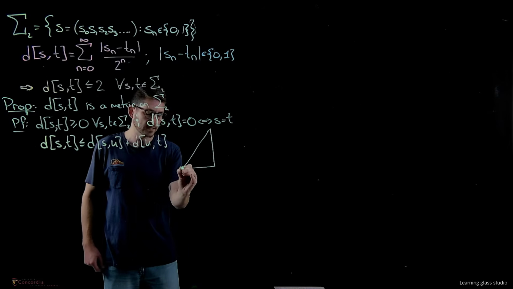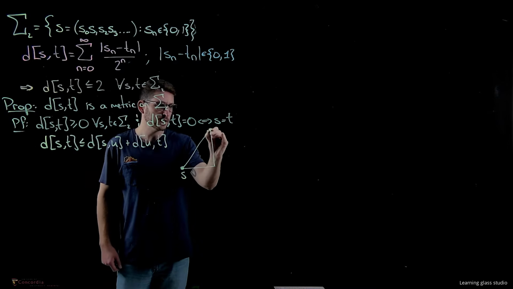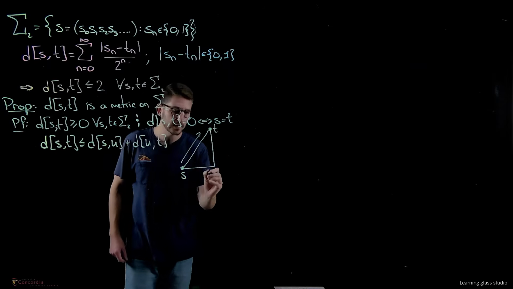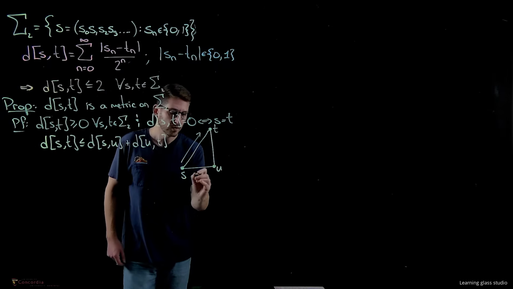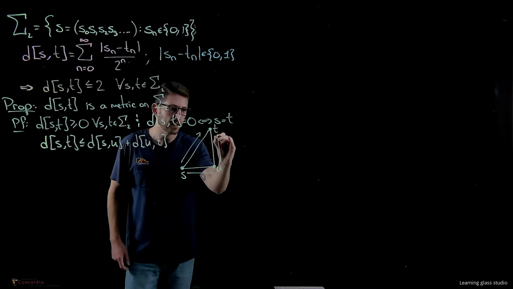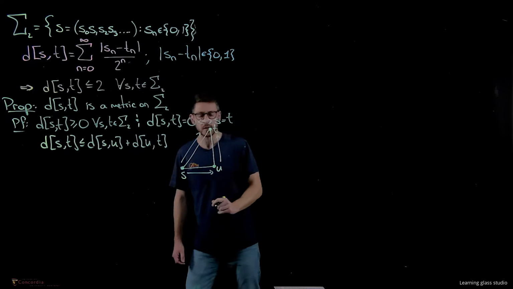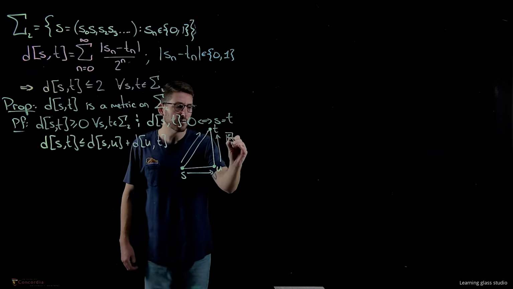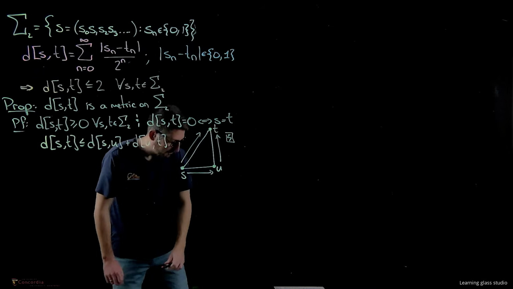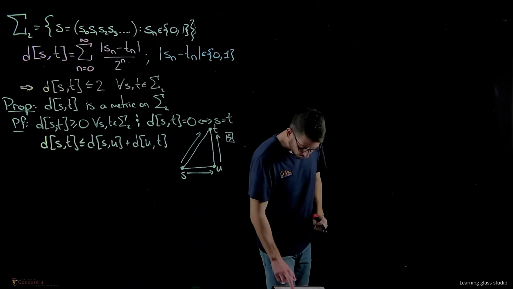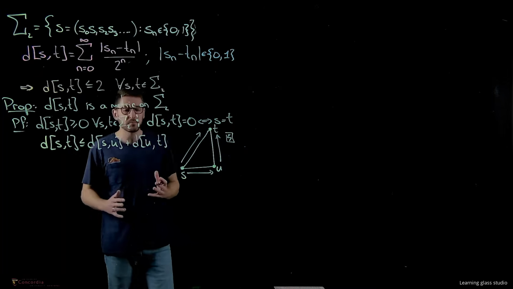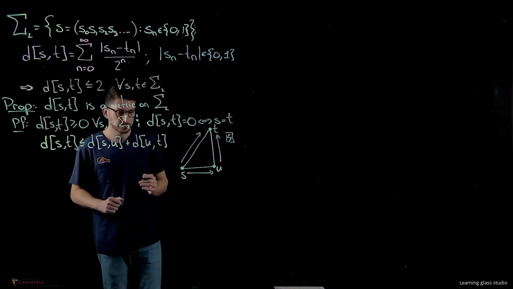So if this was s down here and this is t up here, then the distance from s to t is shorter than the distance of taking an intermediary stop at some other point u, okay? So this is just the definition of a metric or a metric space. So we don't have to worry about it too much. But the point is, now I have a way of measuring distances on this space.